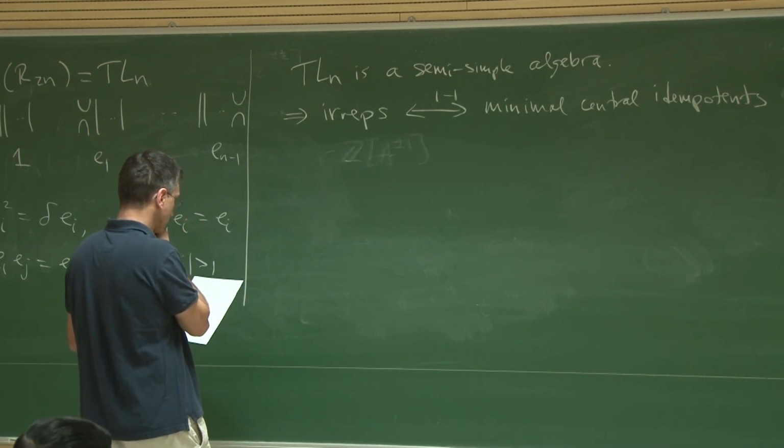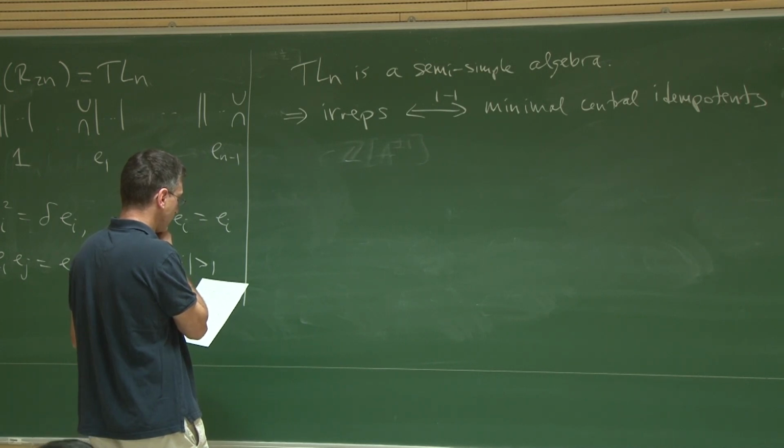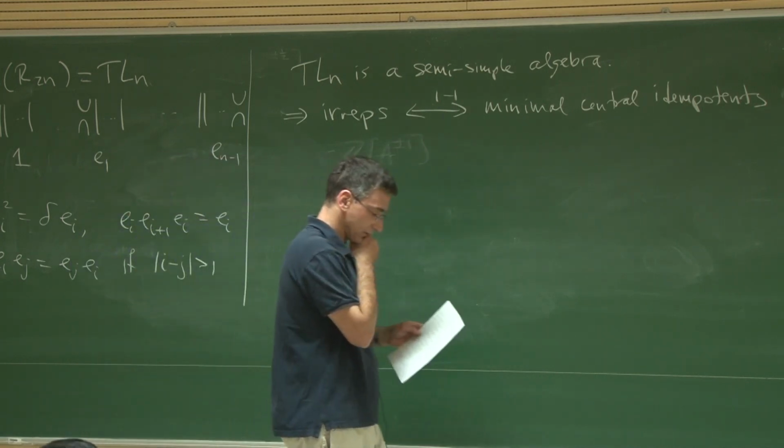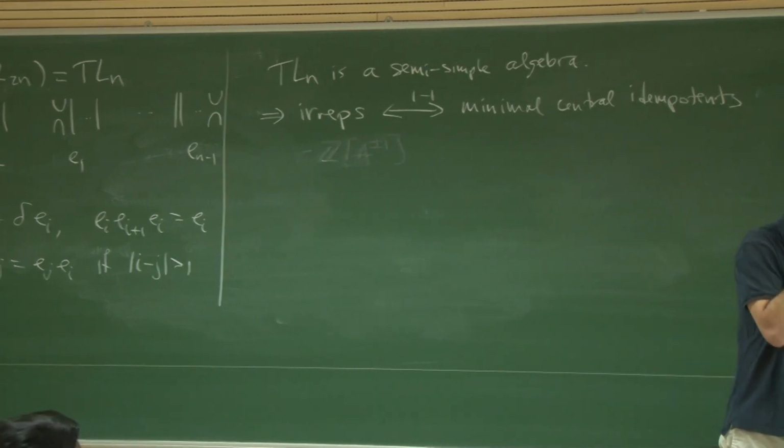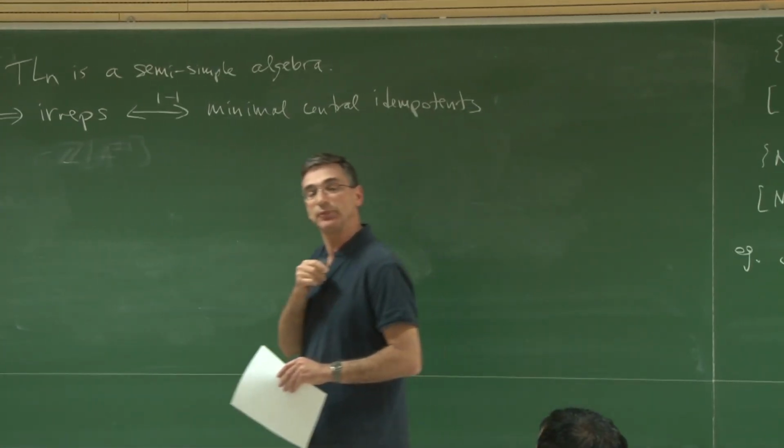So this is over any complex vector space. So this is just any complex vector space.